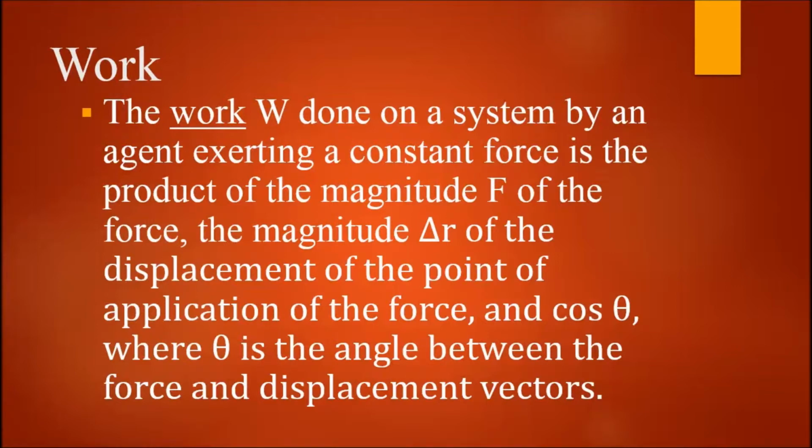Notice that this is an operational definition that tells us how to compute the work done on a system. And notice also that the displacement refers to the displacement of the point of application of the force. However, the applied force need not be the cause of the displacement.